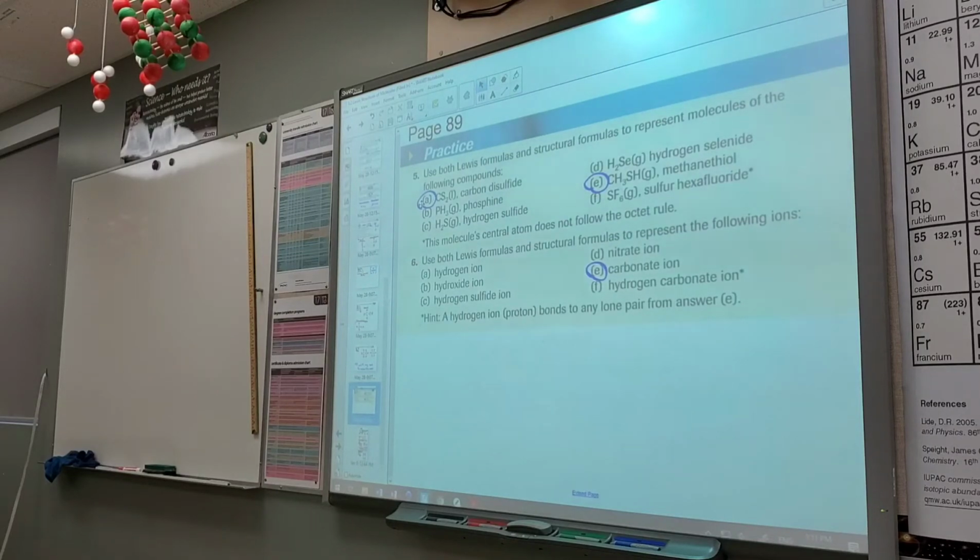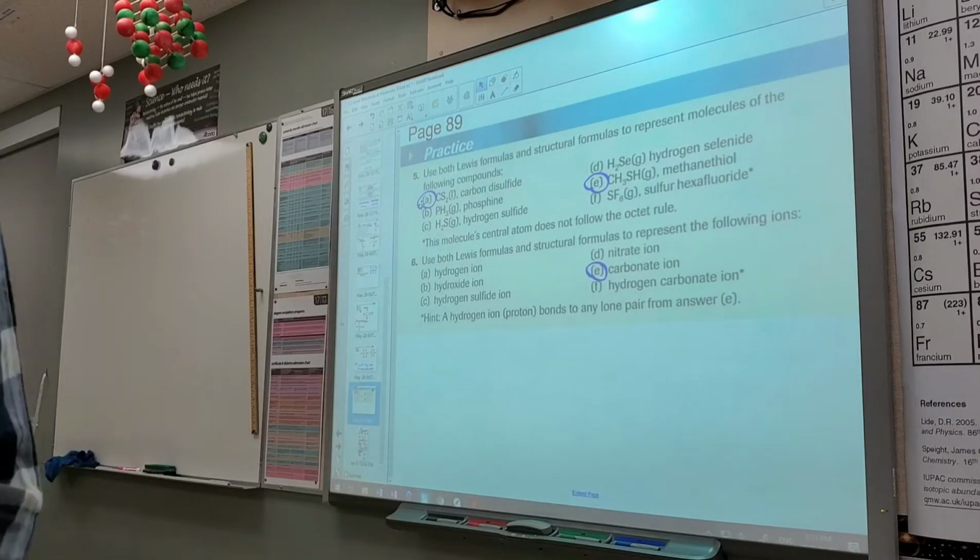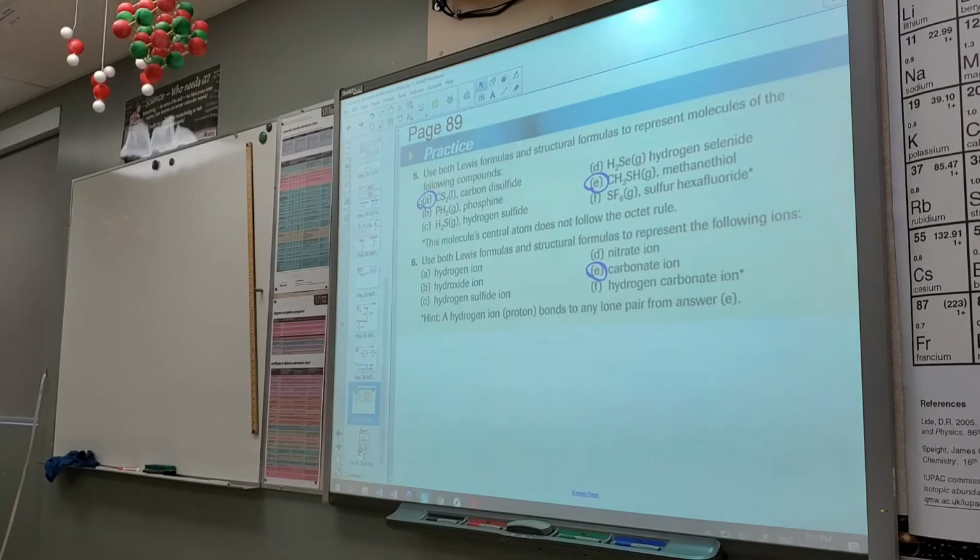That's fine. So did you figure out how many electrons? There's one carbon, so that's 4. But there's 2 sulfurs. So how many is that? Good. So start with the carbon.